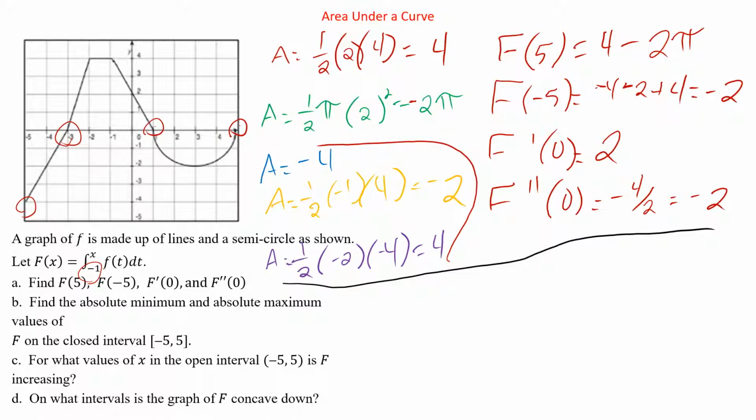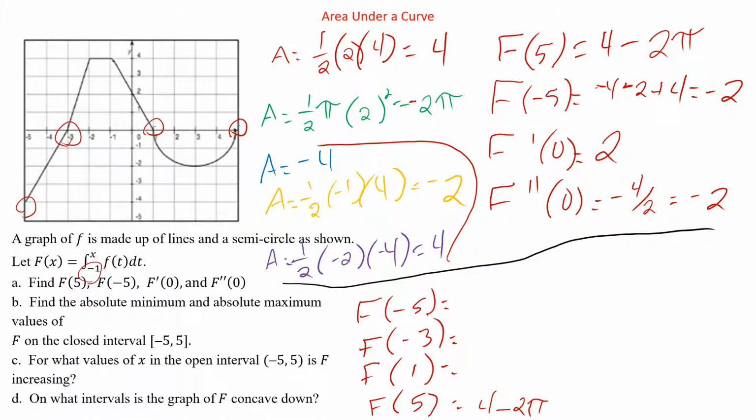So we already know 2 of them. Let's put them in order here. F of -5, f of -3, f of 1, and f of 5. So we know f of 5 is 4 minus 2 pi.